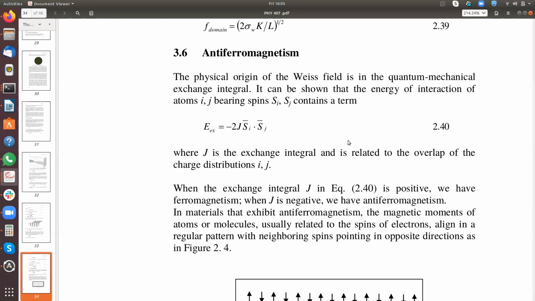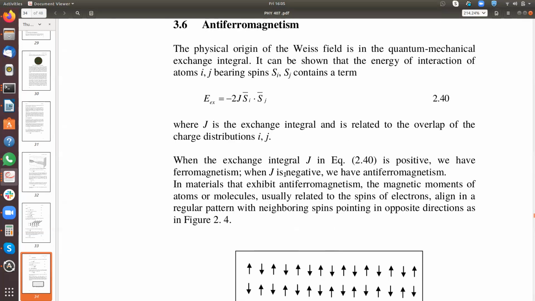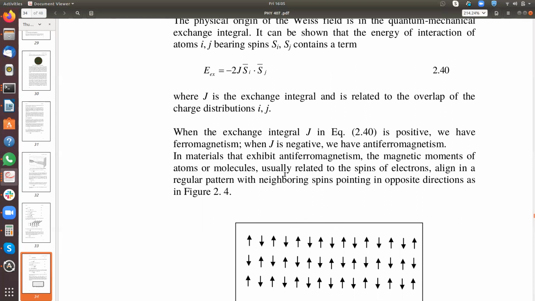The 2 in this expression is just to cancel out double counting. J is the exchange integral and is related to the overlap of the charge distributions of i and j. When the exchange integral J, the one we have in equation 2.4, is positive, we have ferromagnetism. When J is negative, we have antiferromagnetism.